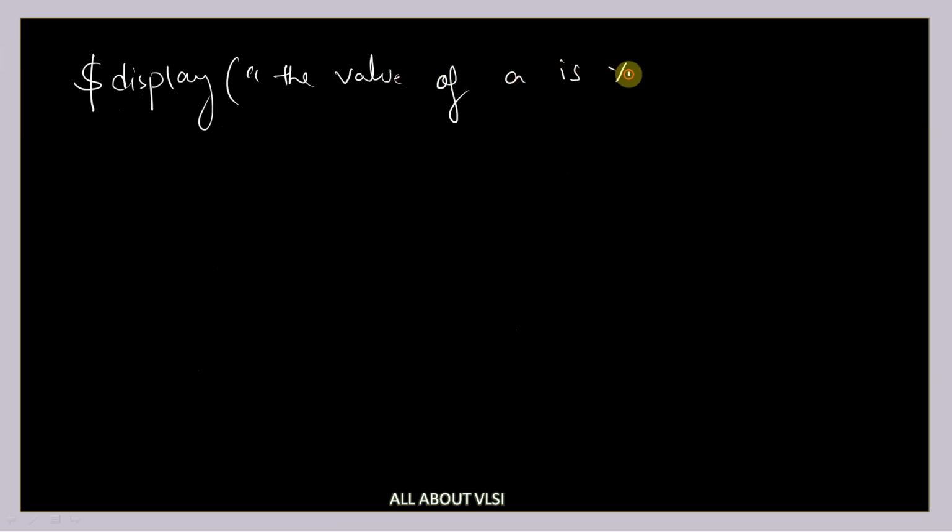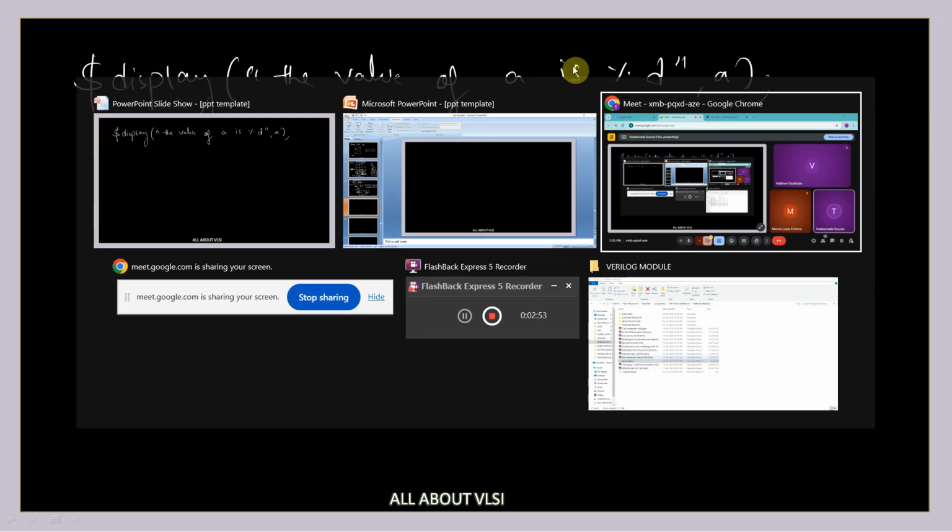For example, you can simply write $display("the value of a is %d", a). Like this, you can display whatever you want to display.